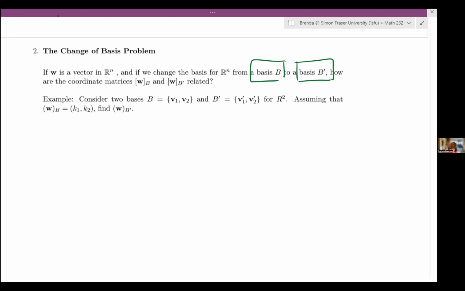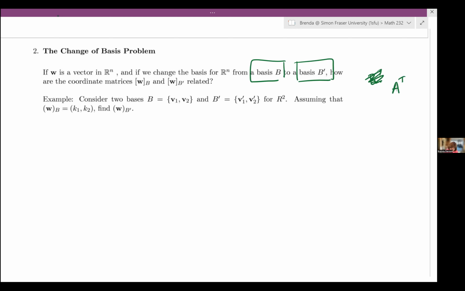It is unfortunate that this B prime in MATLAB is the command for transpose. I do not mean the transpose of anything. We will always use the superscript T like that, for a vector or for that matter a matrix, to mean transpose.